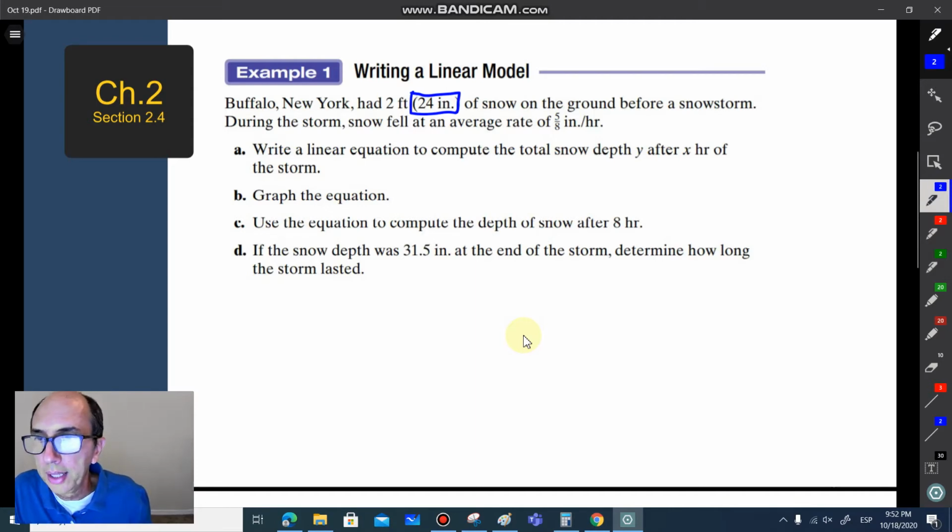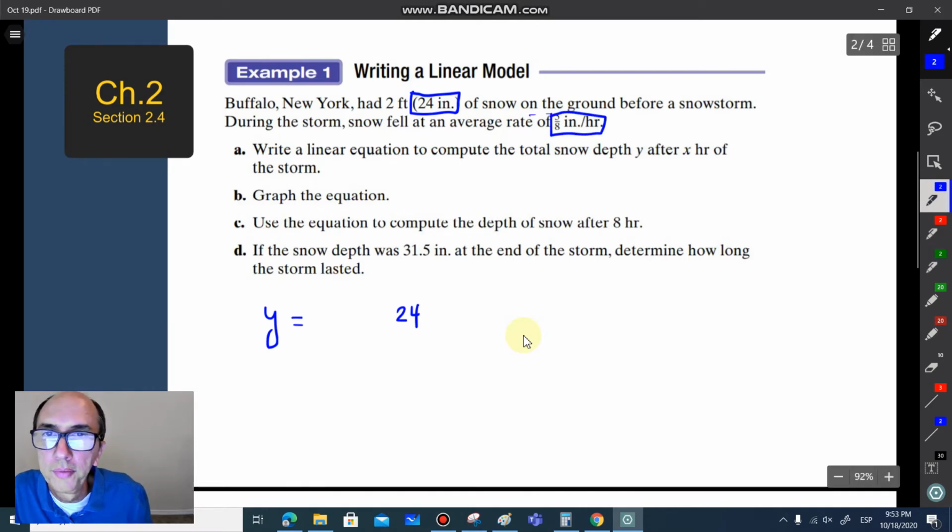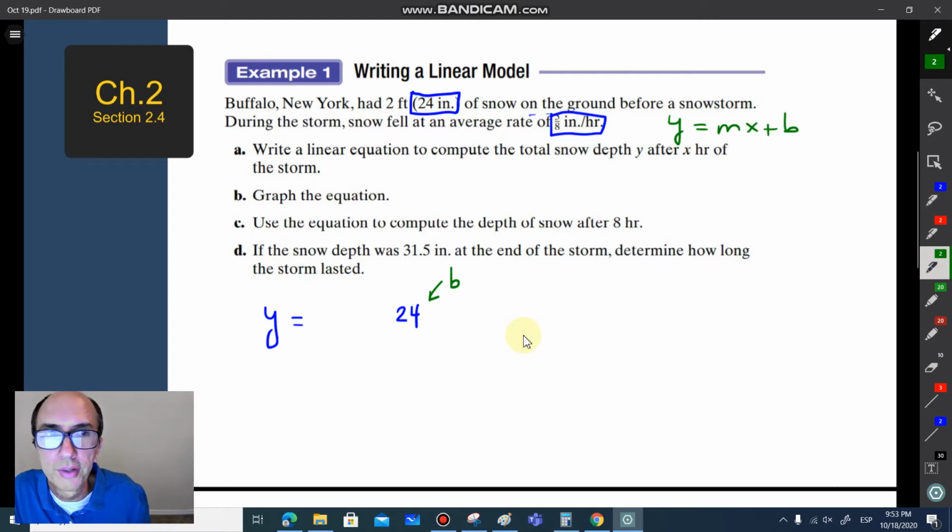So we're going to write here y equals, 24 inches is the initial amount, and this is the rate. The rate is 5/8 inches per hour. So if we are using the slope intercept, y equals mx plus b, this 24 inches is b, and m, the rate, is 5/8.